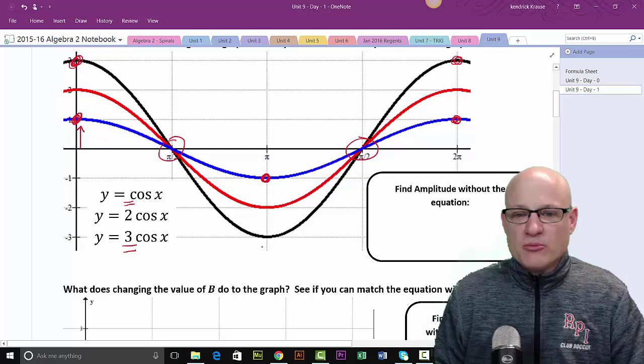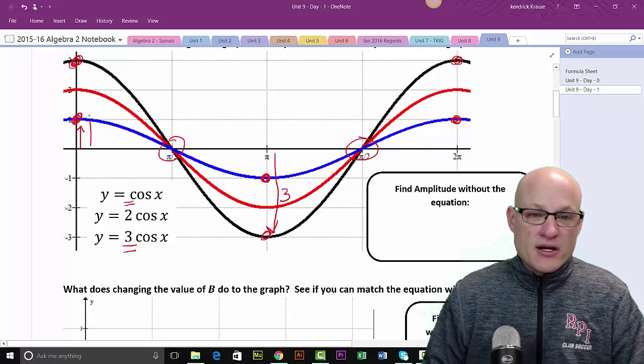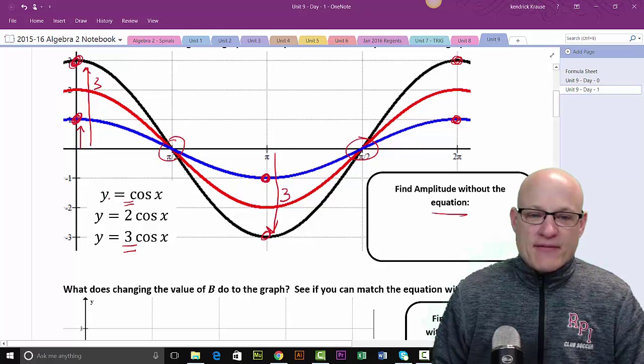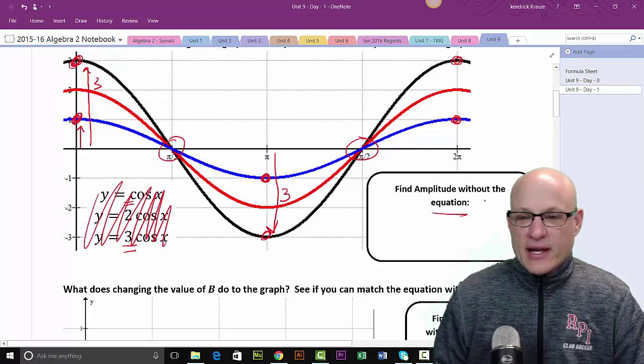And maximum up here, minimum up here. To find that amplitude, you just measure from the midline. You measure from the midline down 3 units, or you measure from the midline up 3 units. To find the amplitude without the equation, like if I didn't have these equations sitting here, I could just easily do it.